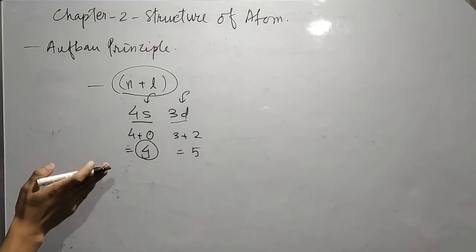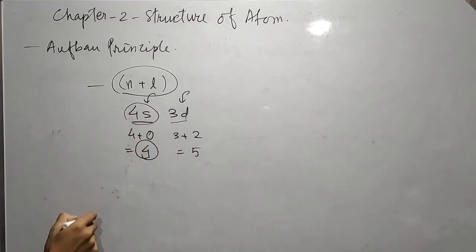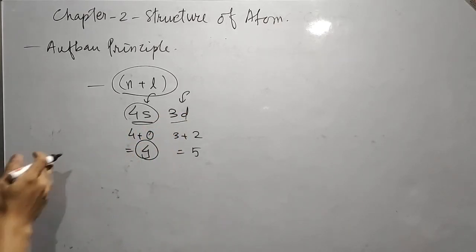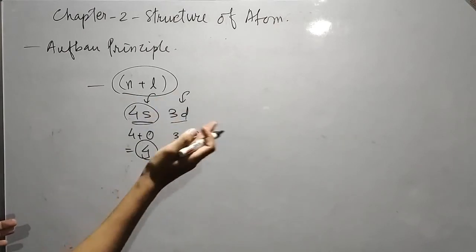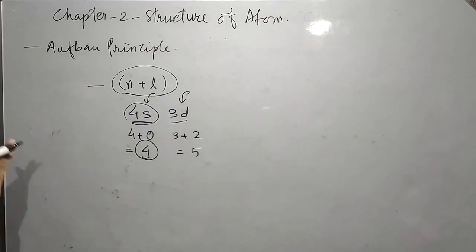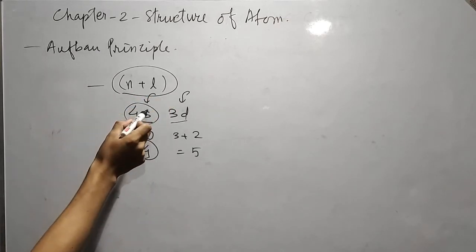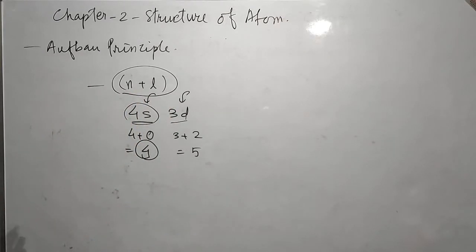Therefore the electrons will first fill in the 4s orbital, although 4 represents the fourth shell and 3 represents the third shell. First comes the third shell, then the fourth shell. But here, according to the Aufbau principle, by applying this rule, electrons will first be filled in the 4s orbital, and then only go to the 3d orbital.